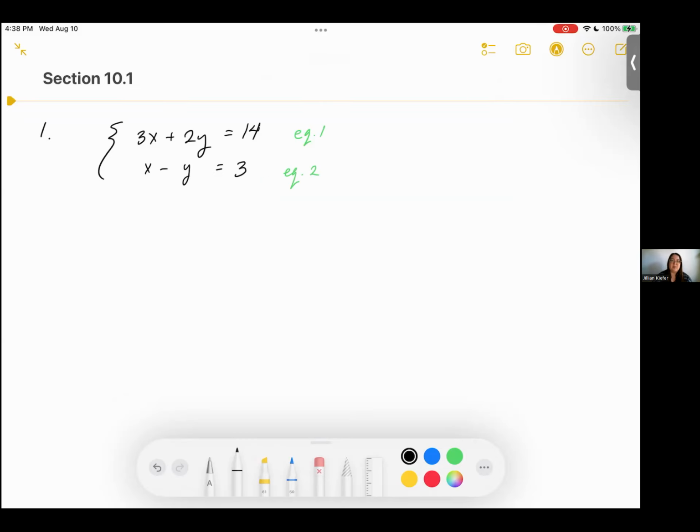First method's going to be the substitution method. So we're going to label this right here, substitution method. And then second, we're going to go ahead and do the elimination method.